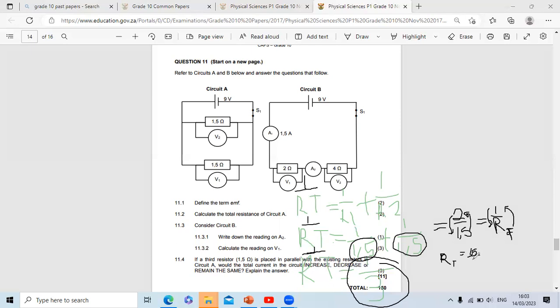The common number is going to be 0.5. It's going to give you 3 over 4, which is 0.75.